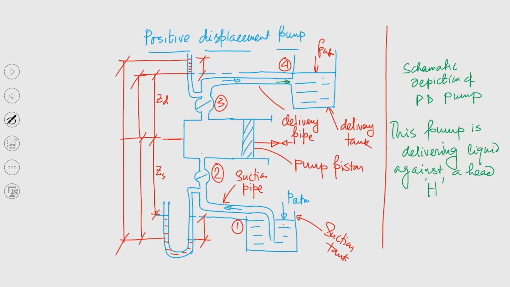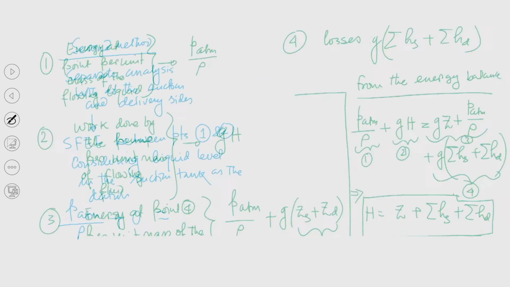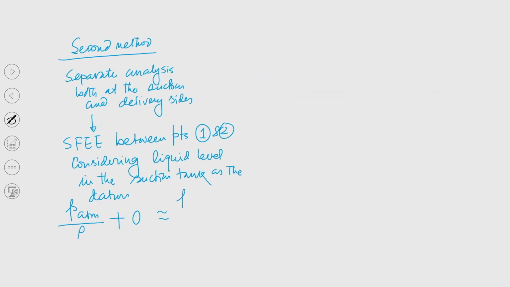So what we can write is P2 by rho plus g into Zs plus V2 square by 2, plus Hs. This is very important.